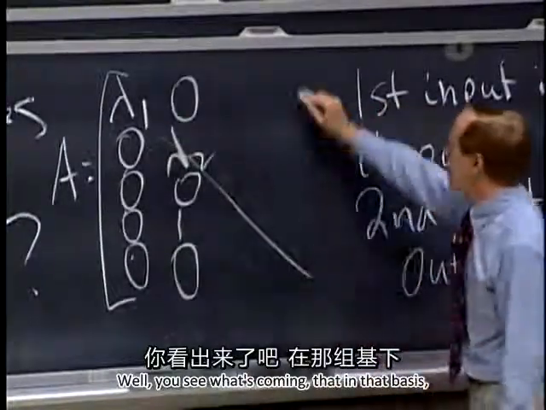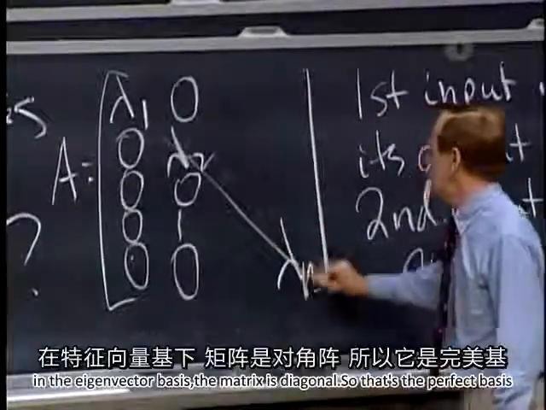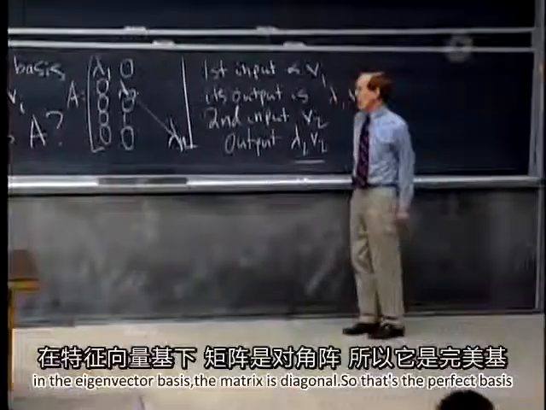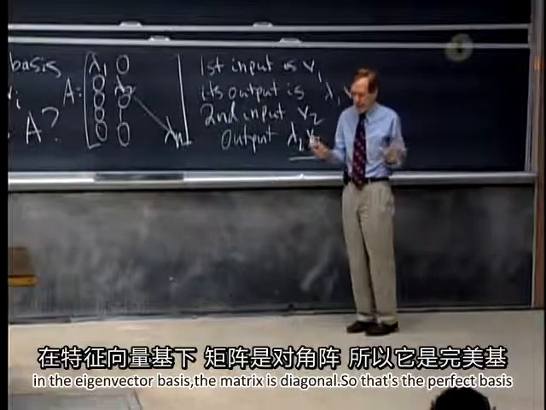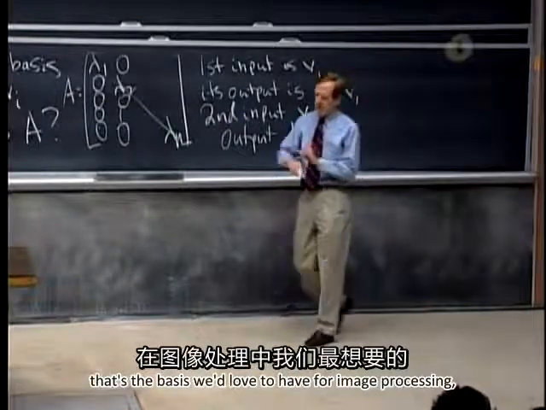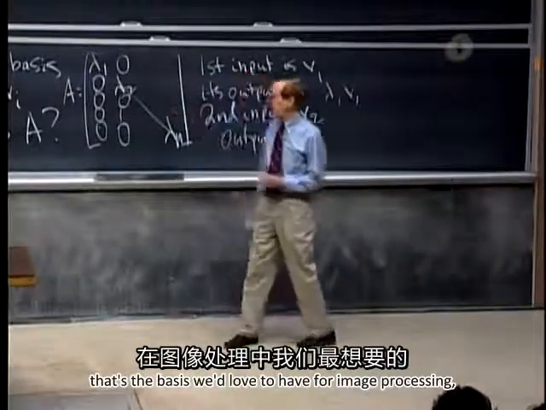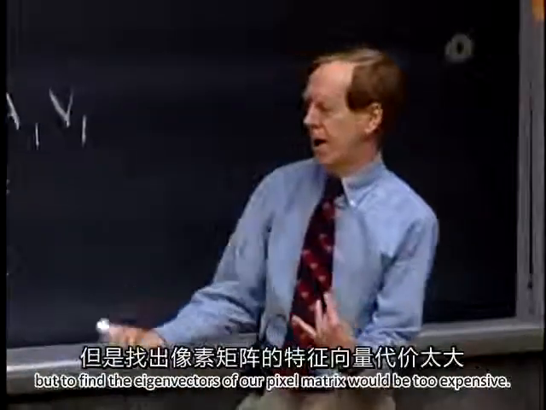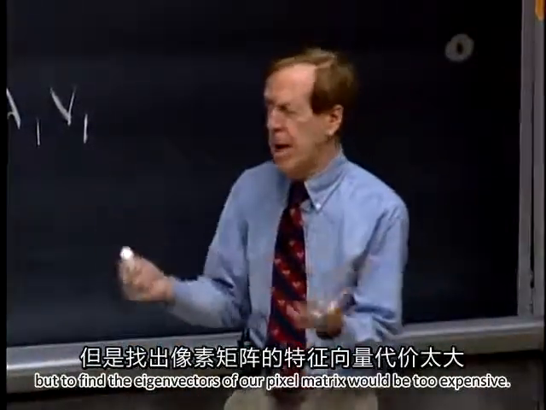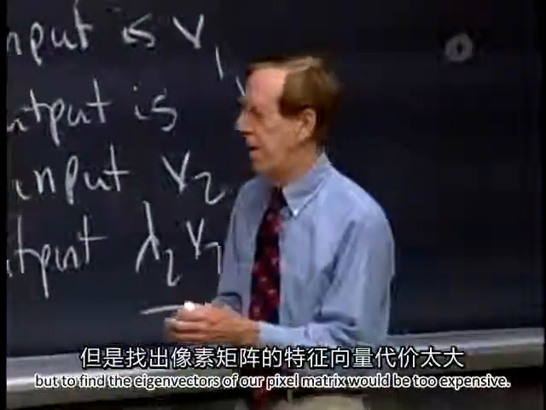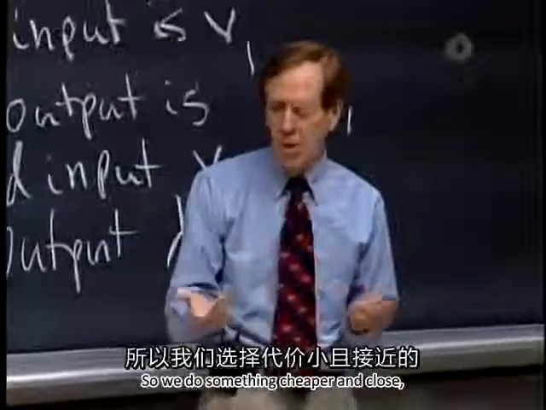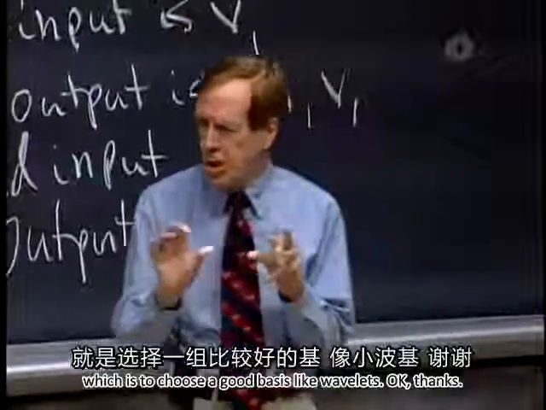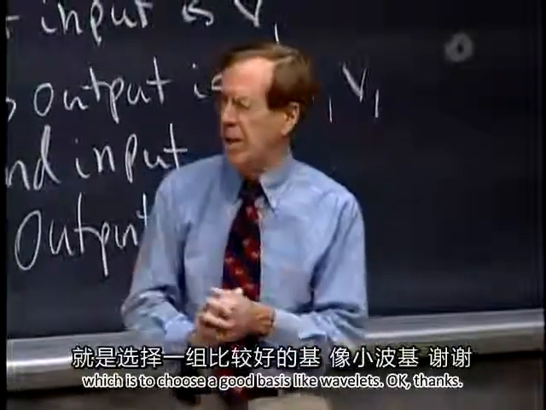In that basis, in the eigenvector basis, the matrix is diagonal. So that's the perfect basis. That's the basis we'd love to have for image processing. But to find the eigenvectors of our pixel matrix would be too expensive. So we do something cheaper and close, which is to choose a good basis like wavelets.